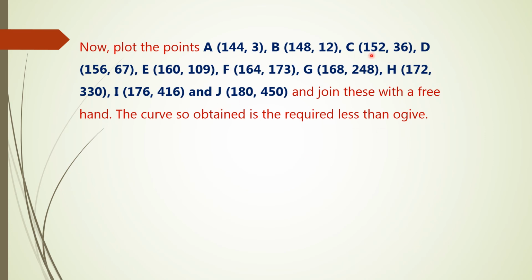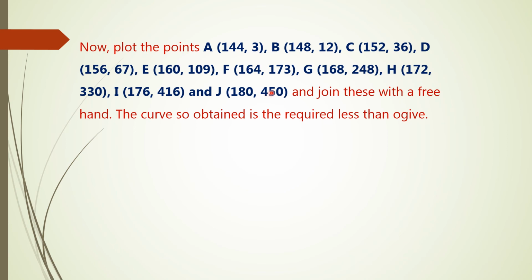All these points, how to write them, we already discussed. The x coordinates of the points are 144, 148, 152, and so on, up to 180. These are nothing but the upper limits which are available in the third column of the table. And the y coordinates of these points are 3, 12, 36, 67, and so on, up to 450.